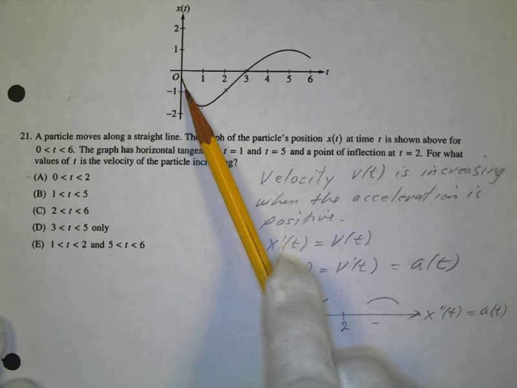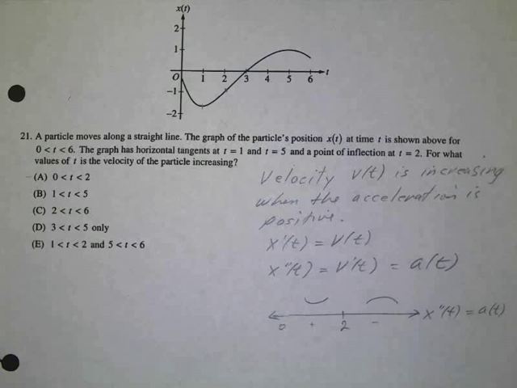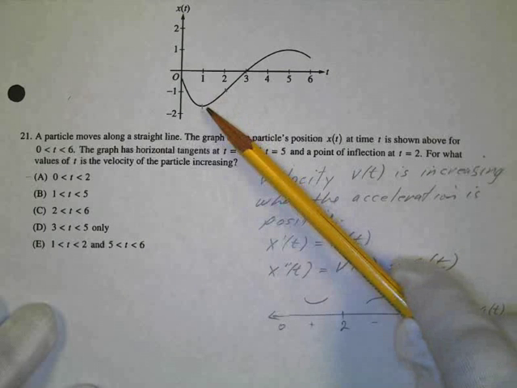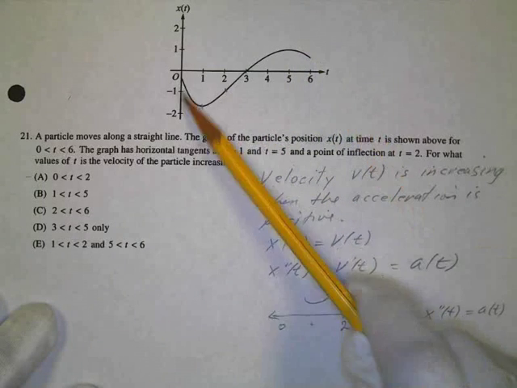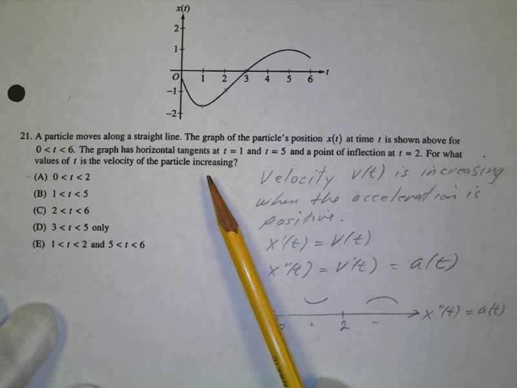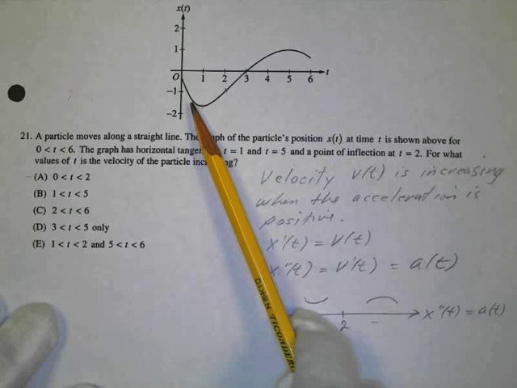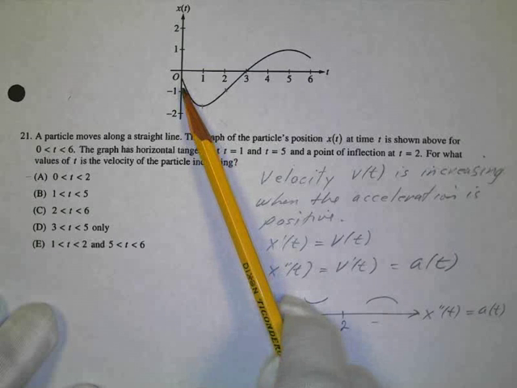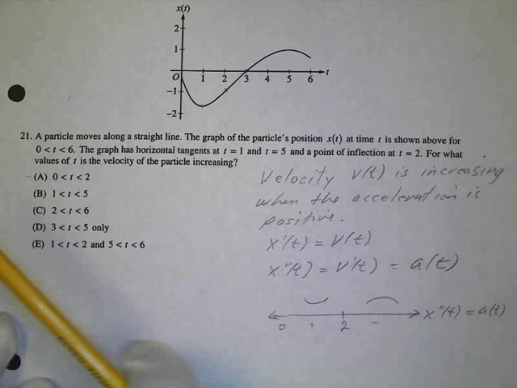All right? Now again, here my slope is negative, but that just means that the velocity is negative. Here the velocity is positive. Here the velocity is negative, but we want to know when the velocity is increasing. So even though the velocity is negative, it may be slowing, getting not so much negative, so it may be increasing.